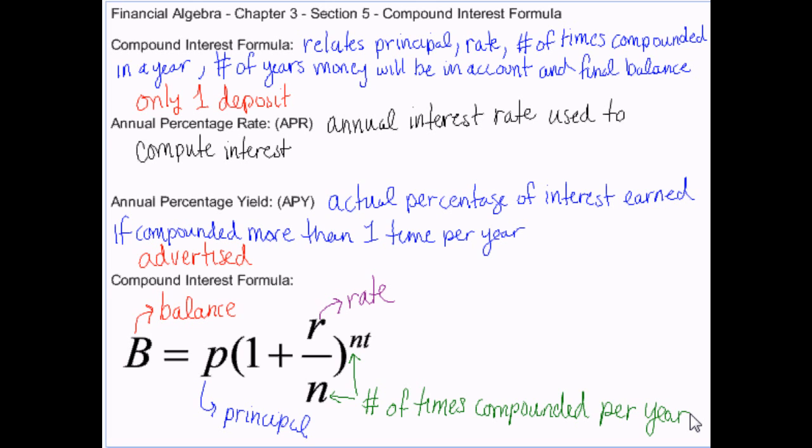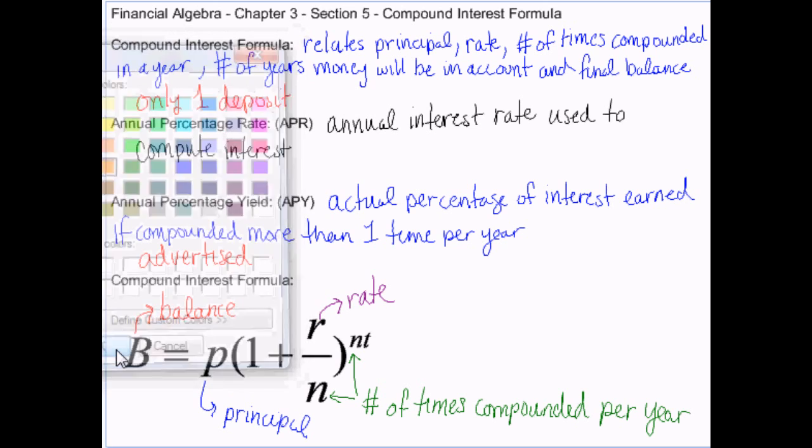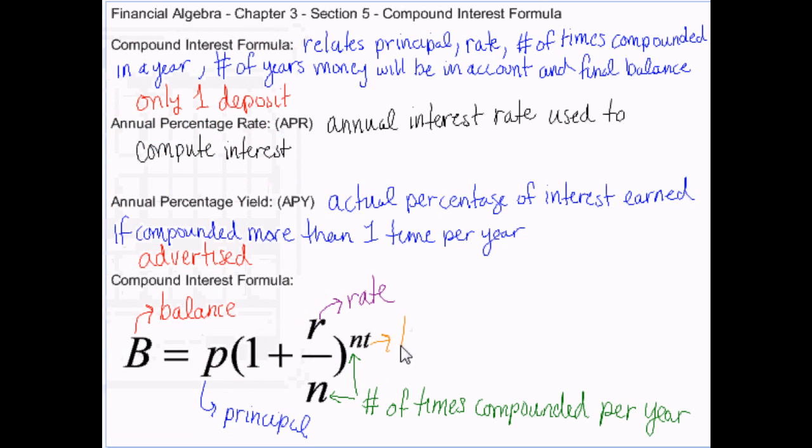If you're compounding quarterly, N will be 4. If you're compounding daily, N will be 365. And then T is time, and that's in years. So if you're given months, you have to convert it to years.